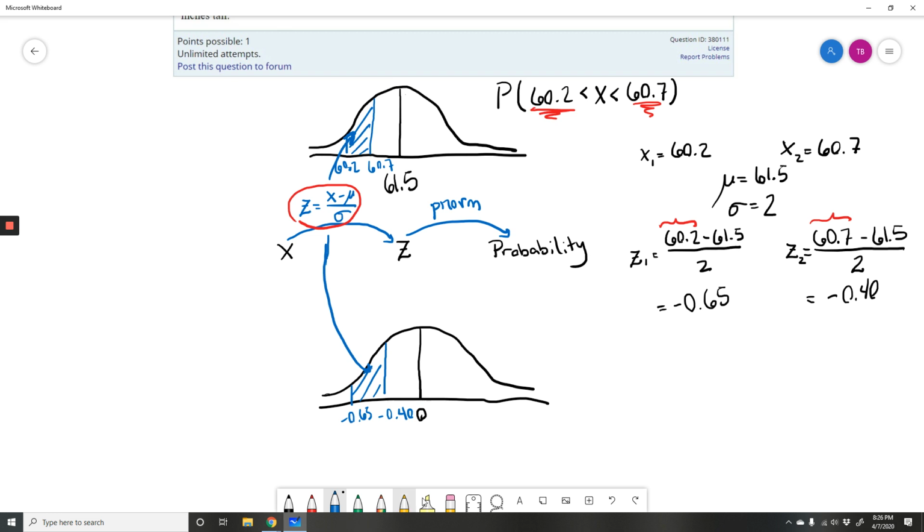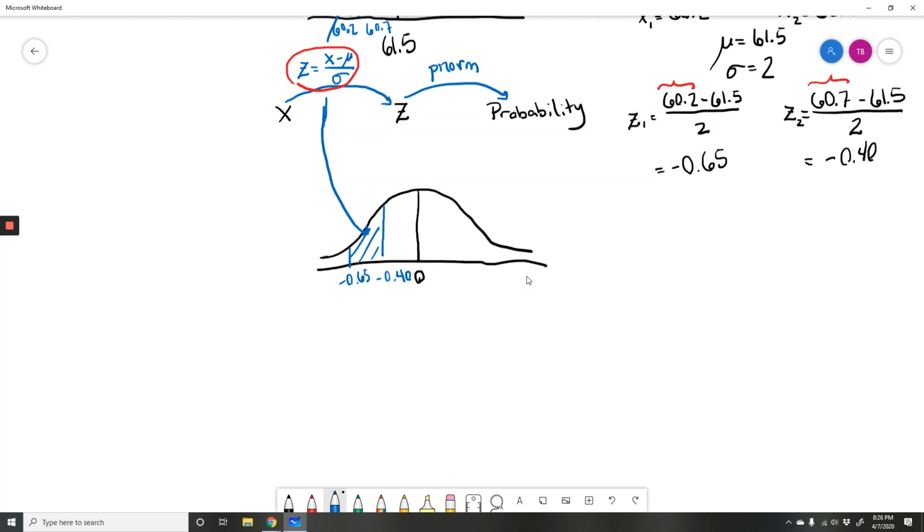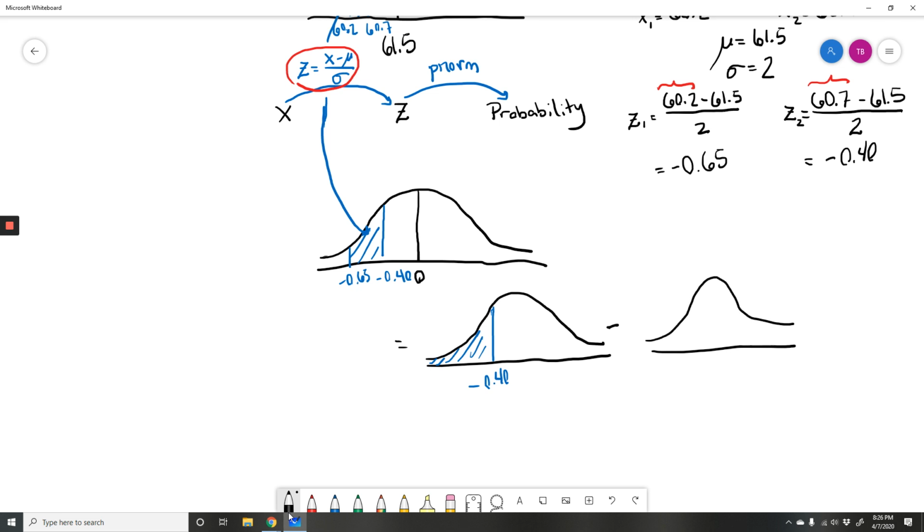So if you remember from last section, the way we're going to make this work is we take the larger area and take everything to the left of it and then subtract off the excess. So the excess in this case would be everything to the left of negative 0.65. Okay, and that way we'll get only the values in between.